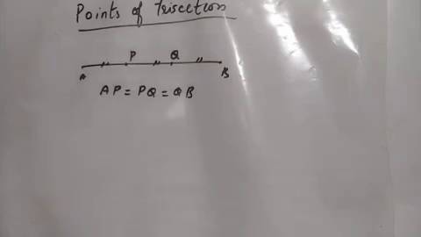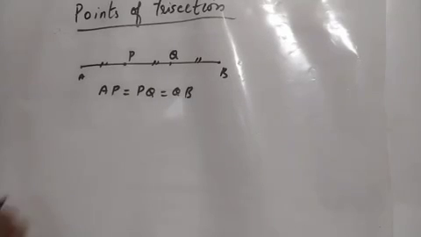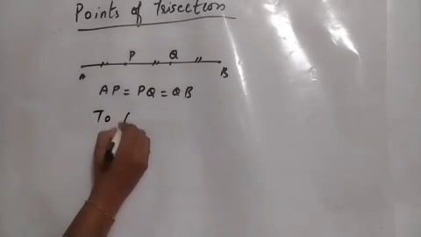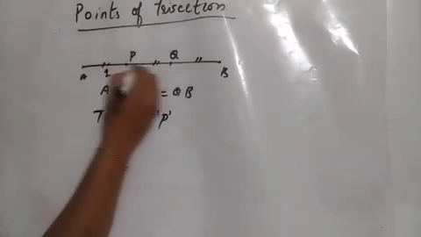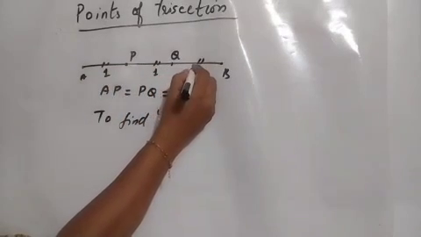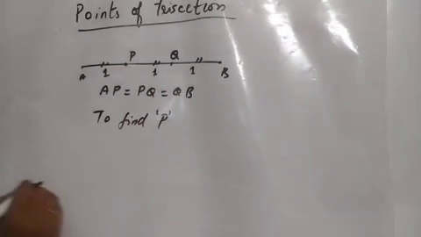These 2 points divide the line segment equally. Okay, so if we have the points of trisection, the ratio will be, to find the first point P, we know that this is one part, this is the other part, and this is the third part. All parts are equal also.